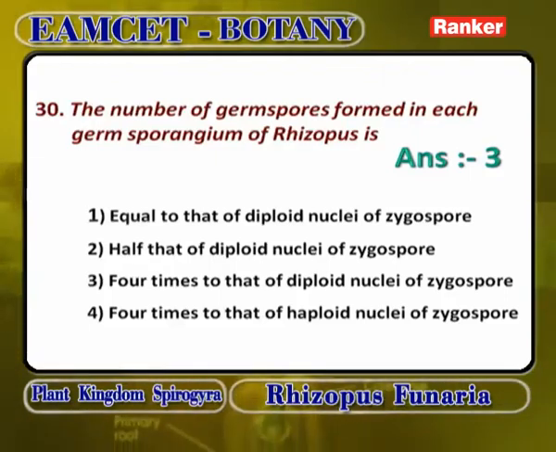Why? Because after the formation of the zygospore, the diploid nuclei undergo reduction division and produce 4 times the diploid nuclei in the zygospore. So for the 30th question, the number of germ spores formed in each germ sporangium of Rhizopus is always 4 times that of diploid nuclei of zygospores.